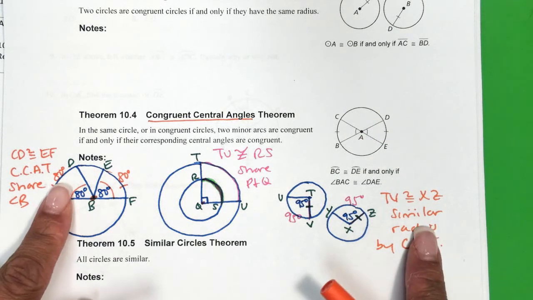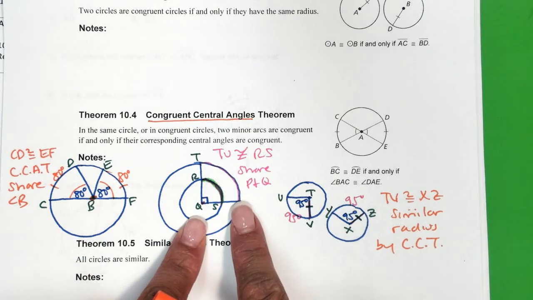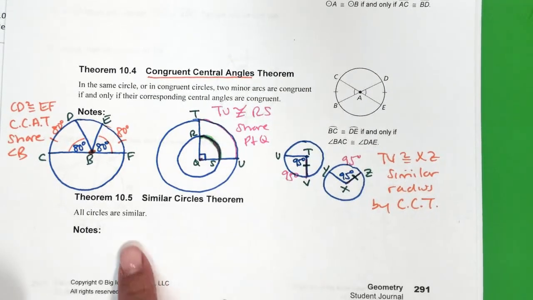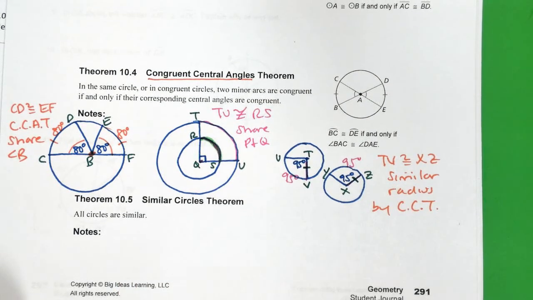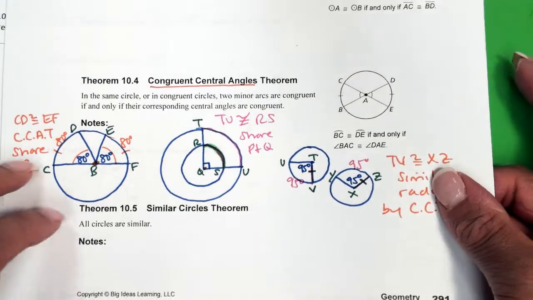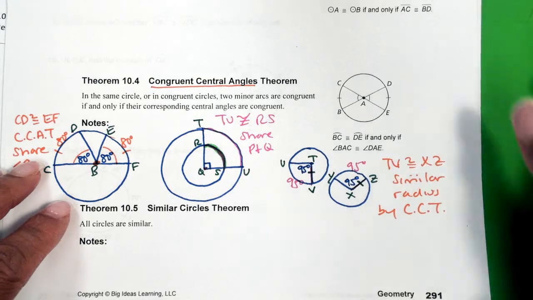So these two are congruent, whereas the other one was not based on the arc length. Okay, and then our last one is the semicircles theorem. All circles are similar. Doesn't mean they're all the same or congruent. So let's go on to our next one where we can apply a lot of these examples.